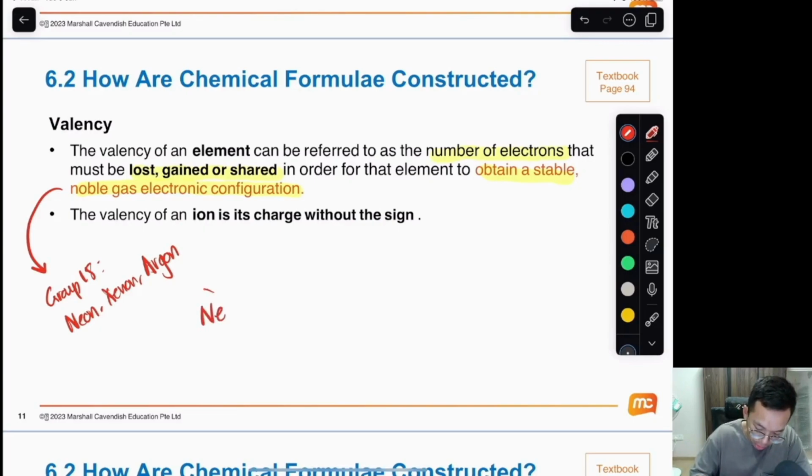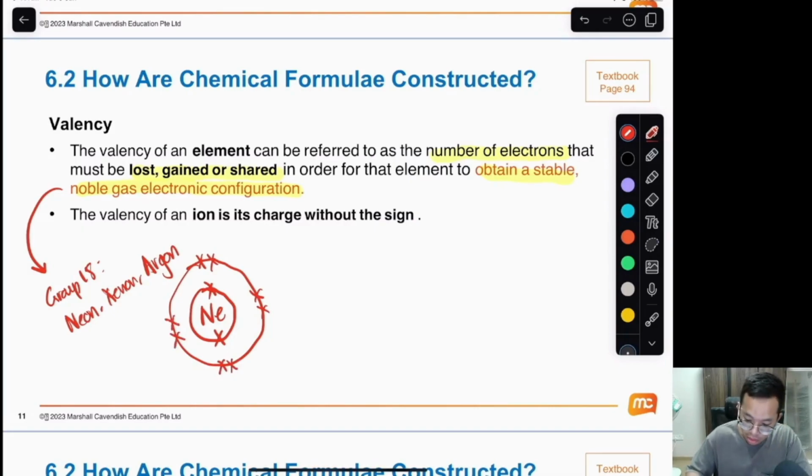So for example, neon has a full valence shell. A full valence shell refers to 8 electrons in the outermost shell.